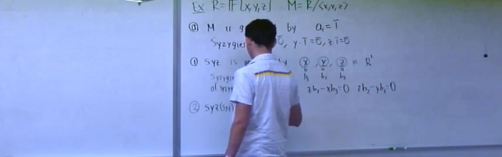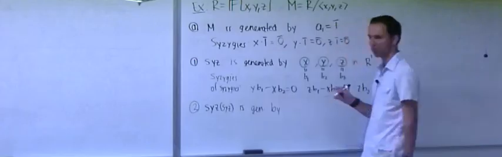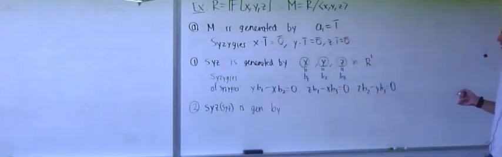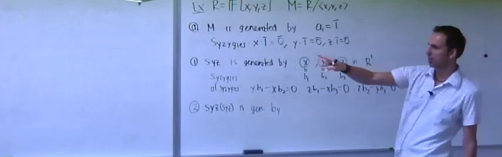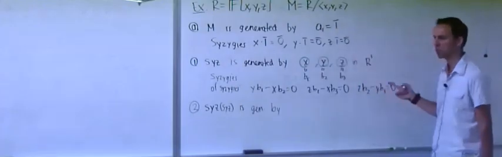Syzygies of the syzygies is generated by, now these guys, okay? But now it gets a little bit more interesting, because where do these guys live? Well, they live in R to the number of generators in the previous step.